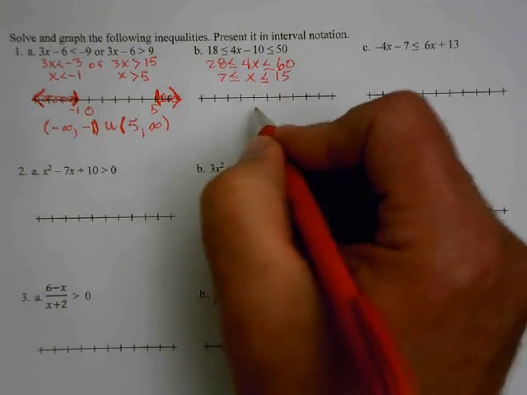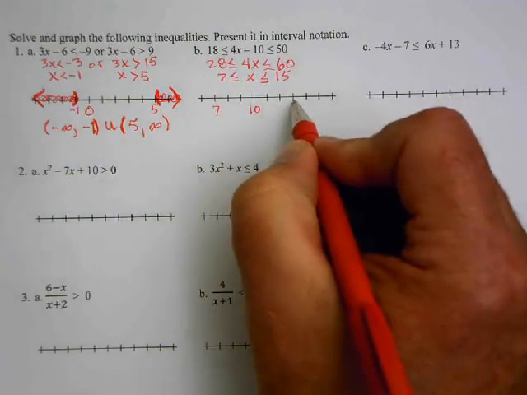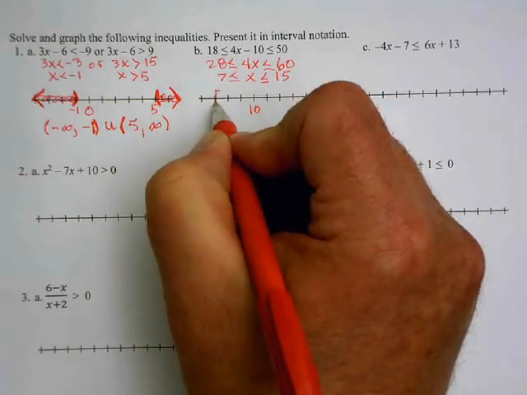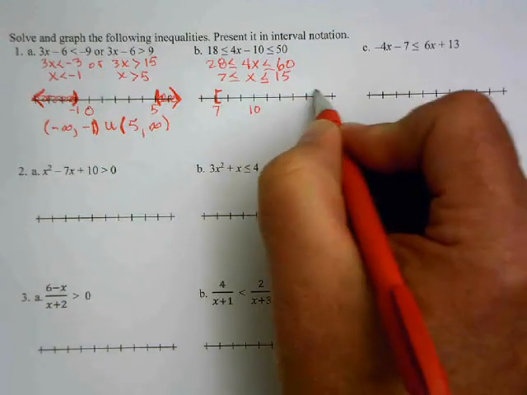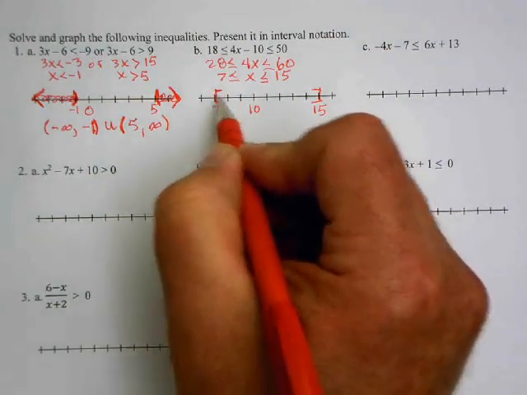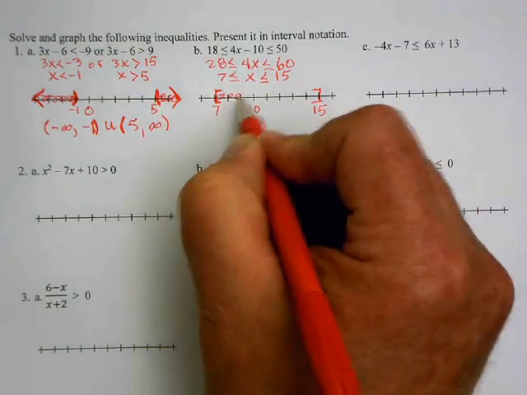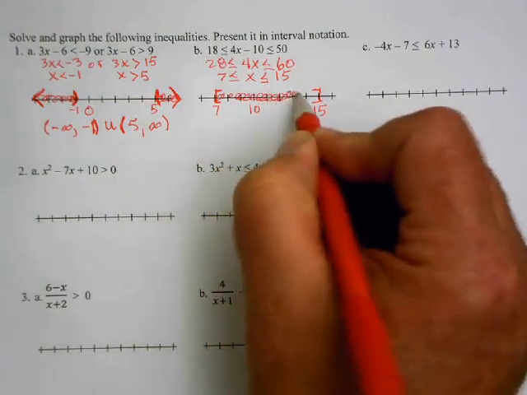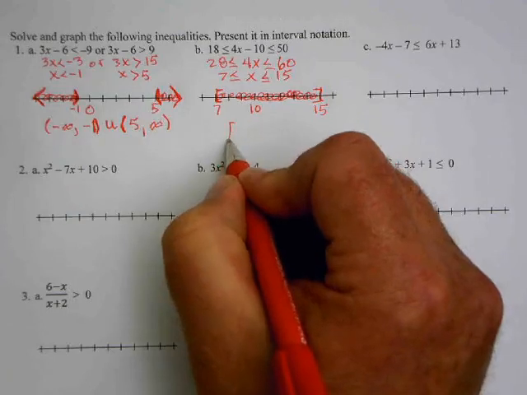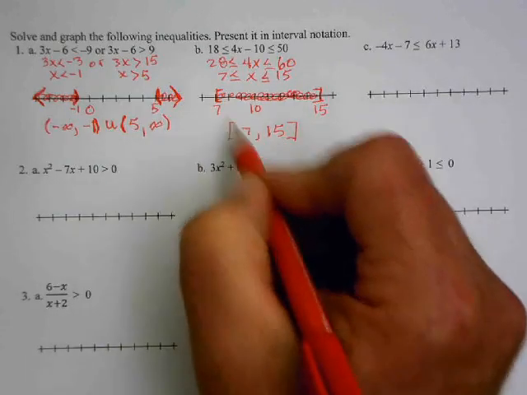So for instance, if I say that's 10, 9, 8, 7, 11, 12, 13, 14, 15, I got lines underneath, so I'm going to use brackets. And I want things in between. So x is greater than the 7, so I'm pointed that way. X is less than the 15, so again pointed that way, and then I'm going to make my line so it's very obvious that I'm talking about in there. And my interval notation, bracket 7, 15, bracket. There is part B.